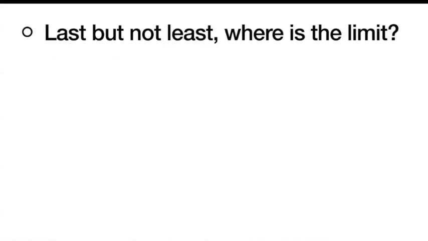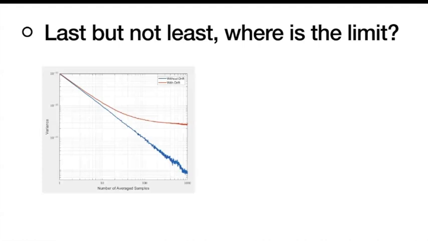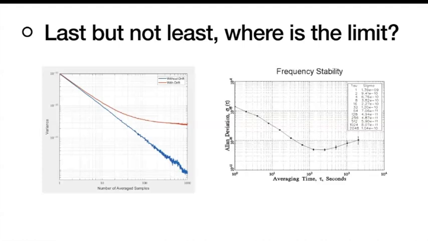And last but not least, all these models are nice, but what's still missing to some extent is a physical limit that is non-trivial, in the sense of not being of the order of Planck time, to the stability or the accuracy of clocks that we can build. Because in theory, our models don't include any drift. So in theory, we could always go down the blue line on the left and just average over.